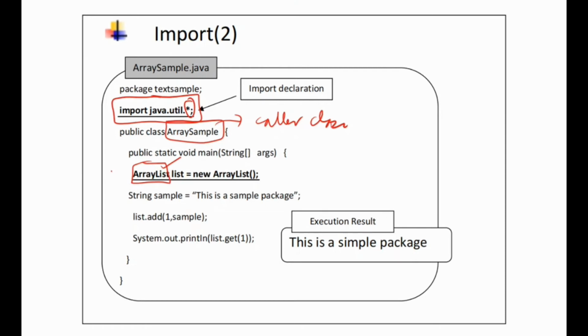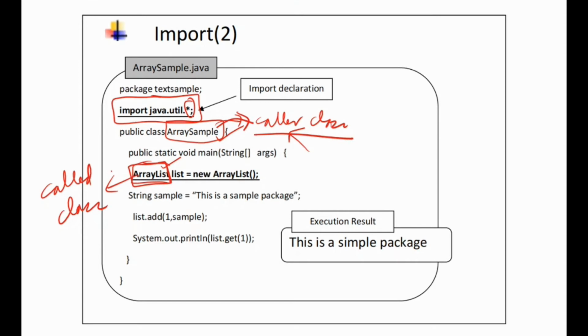All of the Java classes in the java.util package are imported and loaded into the RAM and made available to this caller class. When this caller class ArraySample calls this ArrayList, we call this the called class, and this is the caller class.